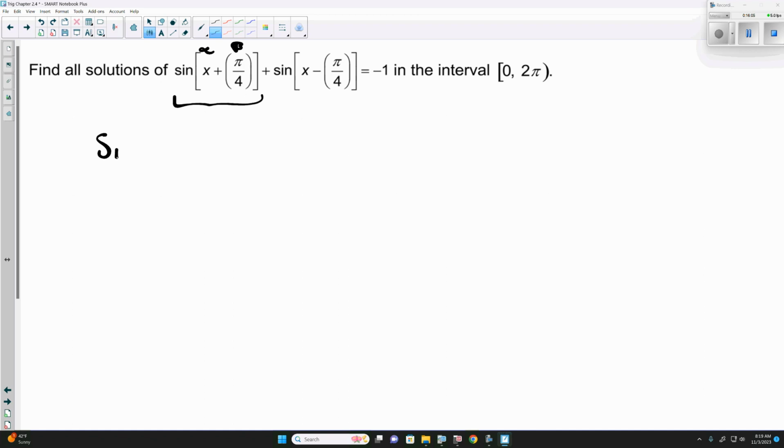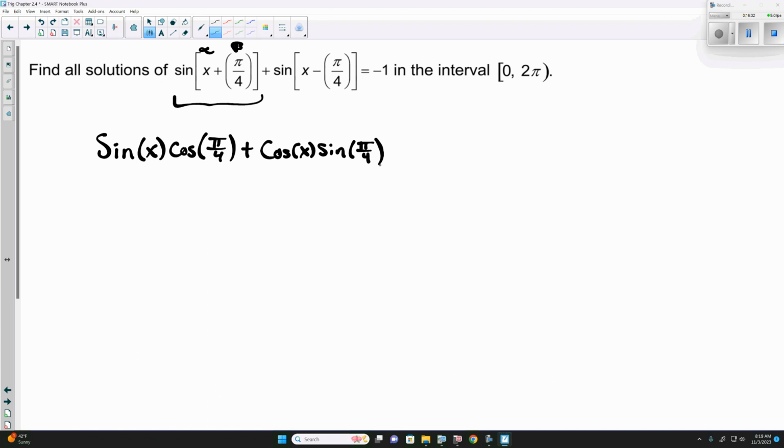So this is sine of alpha, so sine of x, cosine of beta, cosine of pi over 4, plus cosine of alpha, so cosine of x, sine of pi over 4. So that's our first part there.